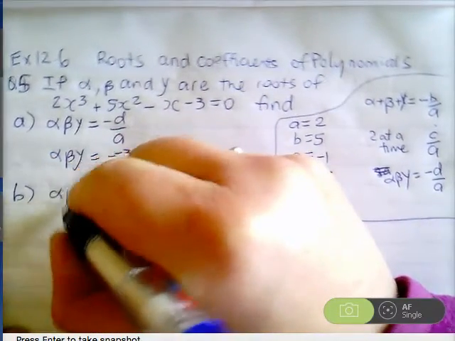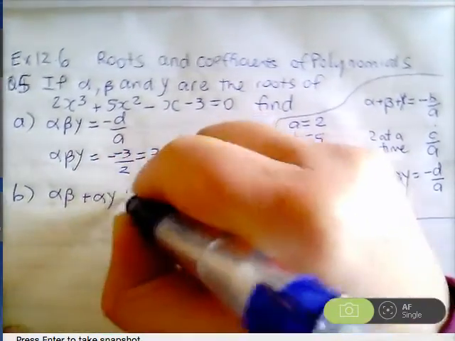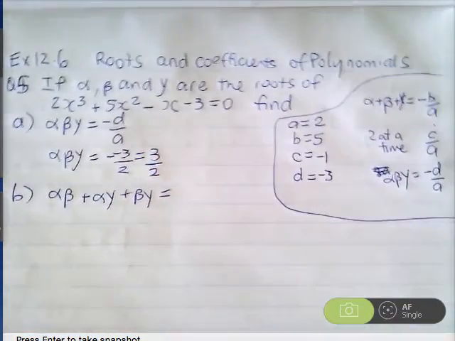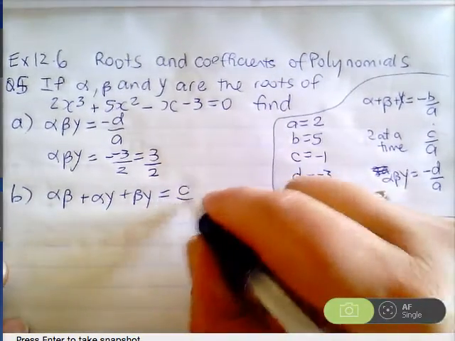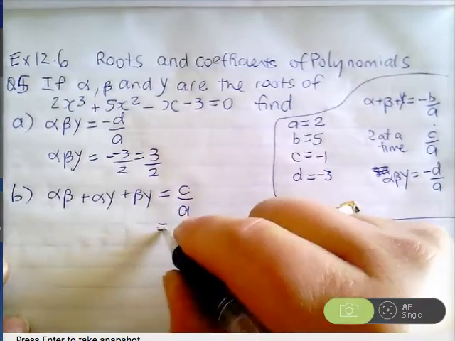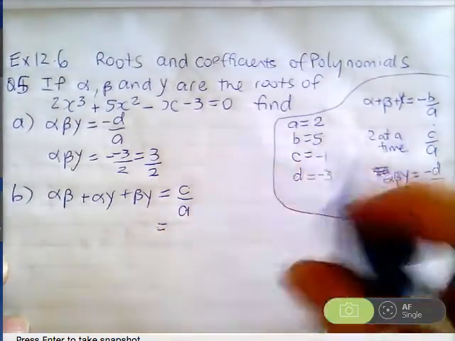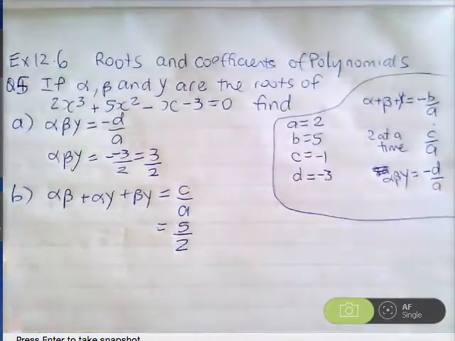Question B. What's this one? Alpha beta plus alpha gamma plus beta gamma. 2 at a time is c on a, which is, you get it, girls? 5 on 2.